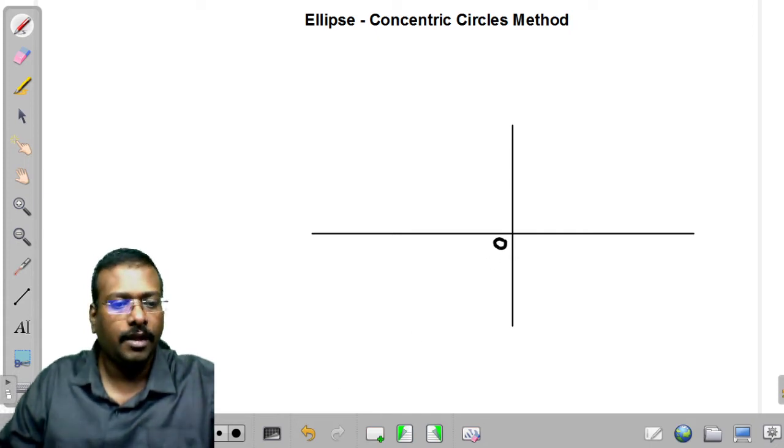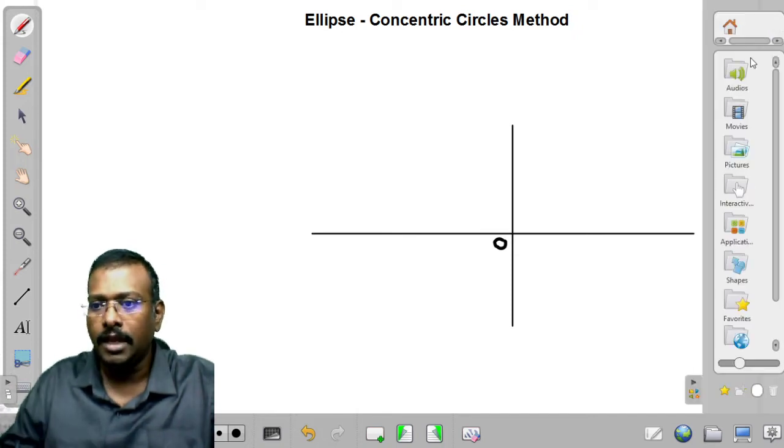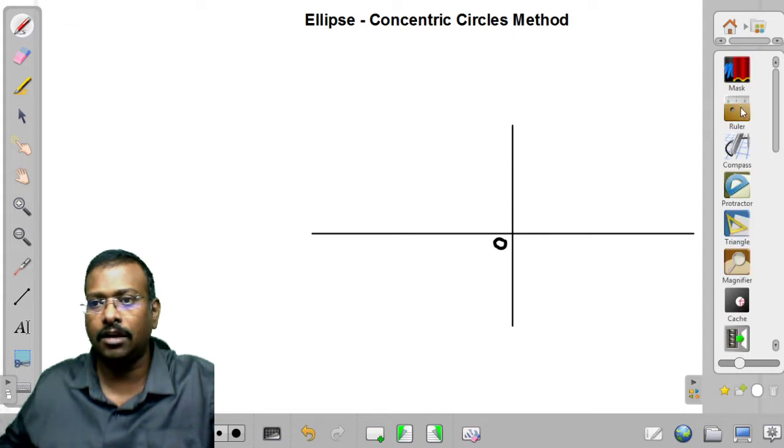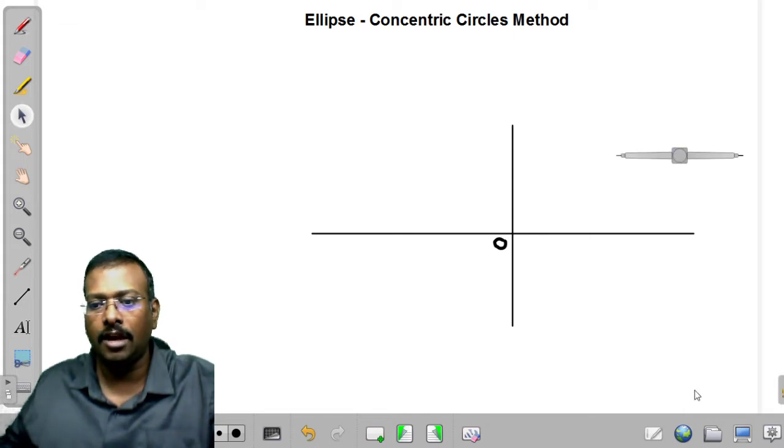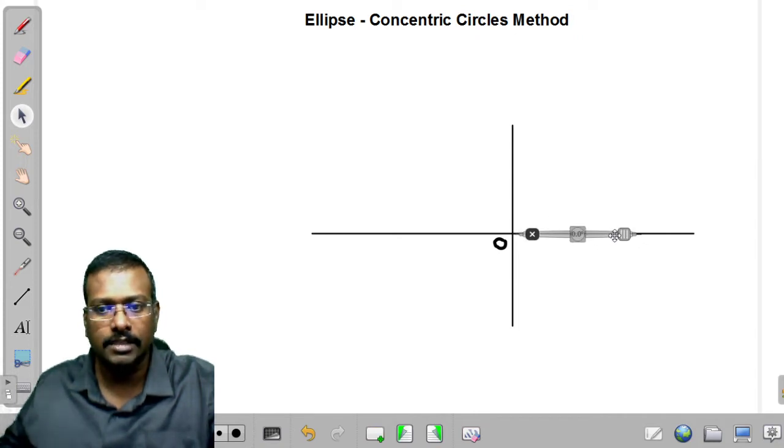Take half of the length of major axis as radius. Major axis length is AB. Take half of AB as radius.